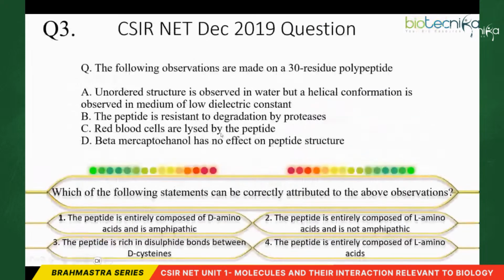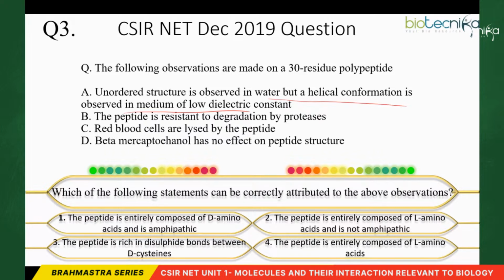Okay. The next question is from December 2019. The following observations are made on a 30 residue polypeptide. This is again from protein structure. Unordered structure is observed in water, but a helical conformation is observed in a medium of low dielectric constant. And they have given some observations.